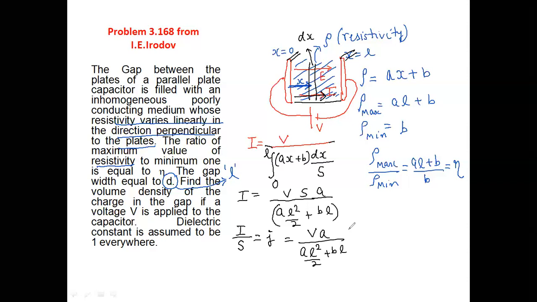But Ohm's law says that current density J is also equal to sigma times electric field E.